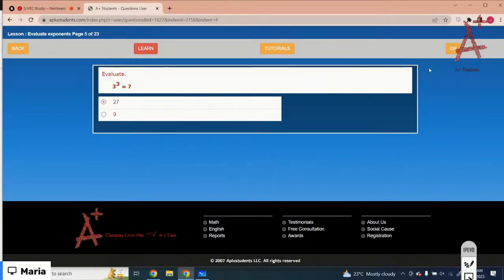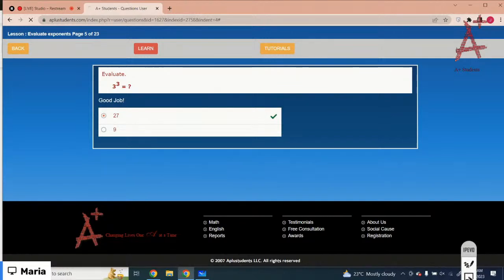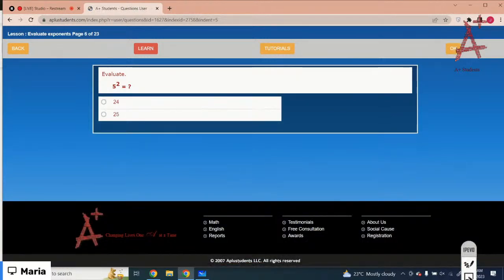Okay, the next one is 5 square. So 5 square means you have to do 5 times 5, that would be 25.